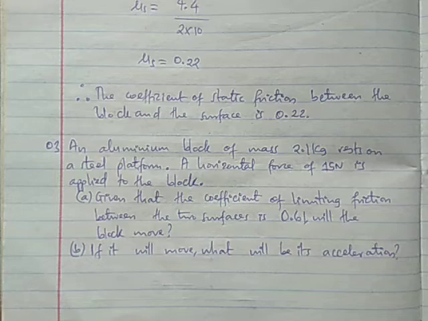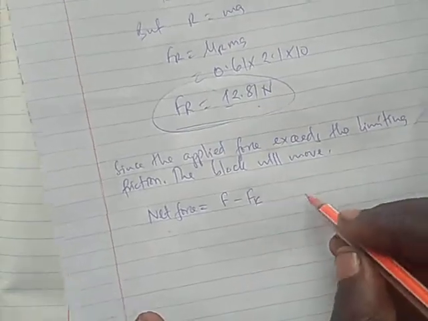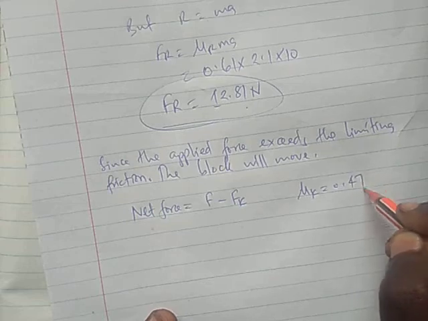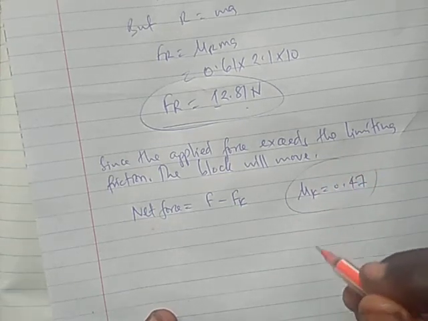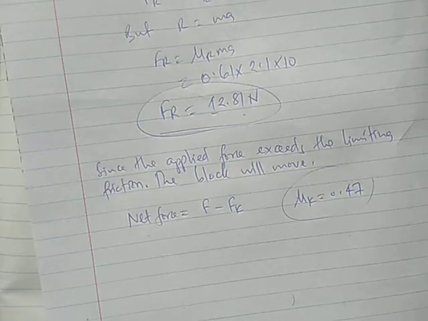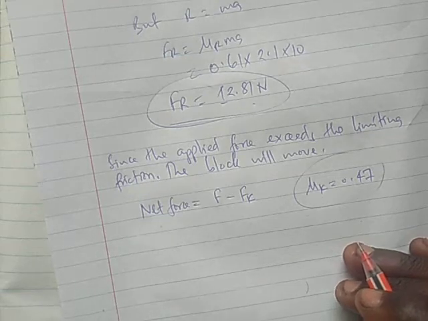Remember, we had a table of coefficients of kinetic friction. So we'll be using the coefficients on a table to solve this question. So therefore, from the table, mu k is equal to 0.47. Unaweza kaenda tu kuipitia hiyo ukaiona mu k kati ya aluminium na steel, kwa sababu block hapo amerest kwenye steel platform.